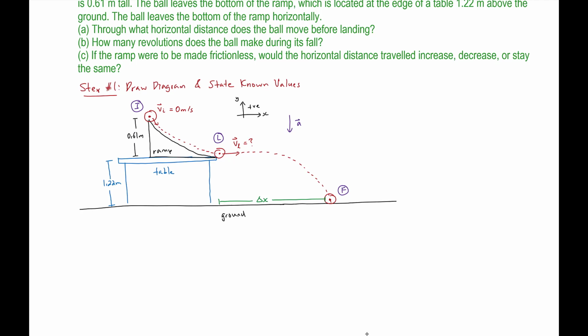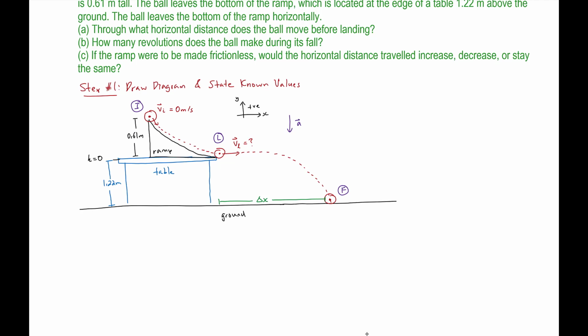When I look at this problem, I know that from I to L, I'm looking at a change in potential energy because the ball has essentially dropped a height of 0.61 meters. So why don't we say the bottom of the ramp is at a height of 0? That would help a lot because we'll be able to judge gravitational potential energy for the first part of this question from I to L. So that covers pretty much everything in the diagram.